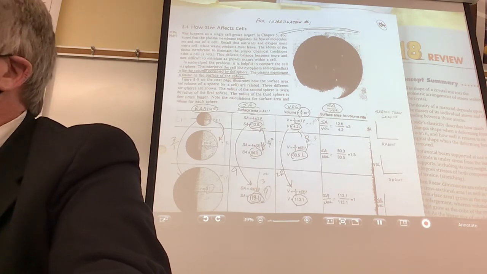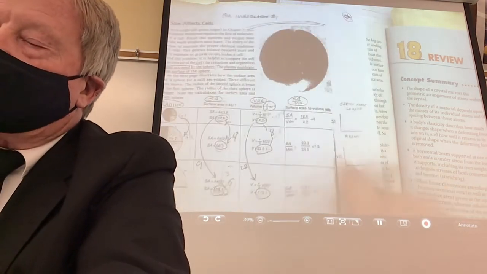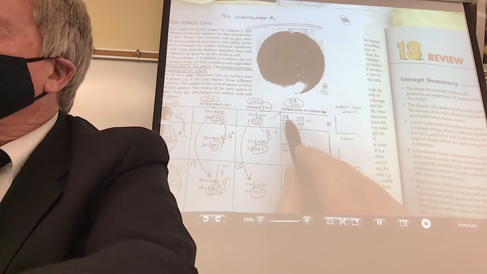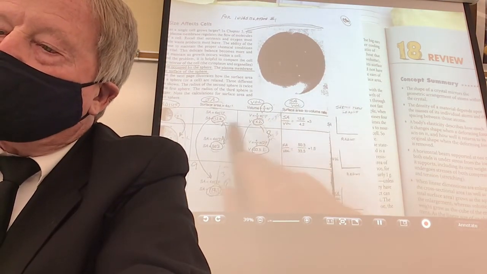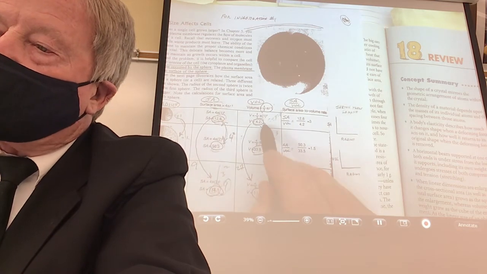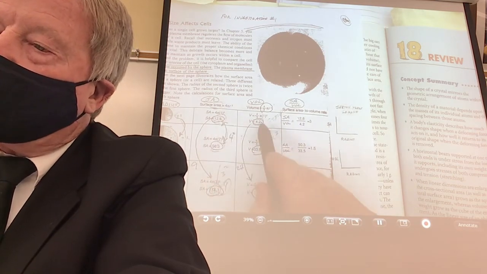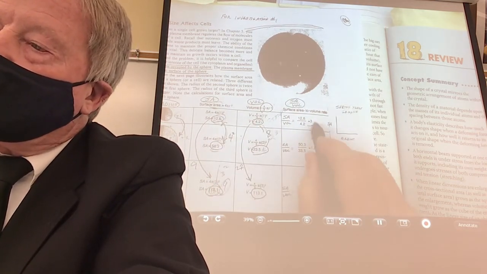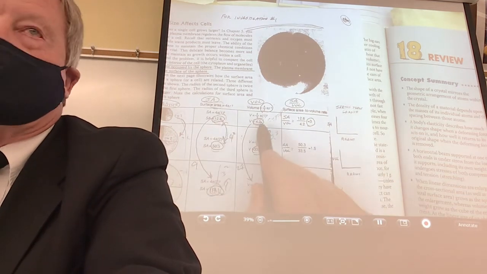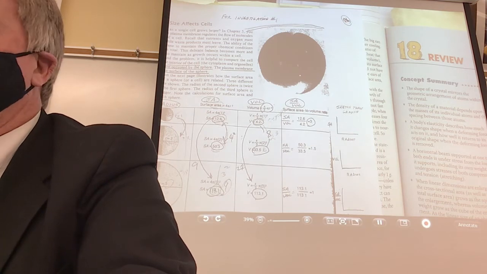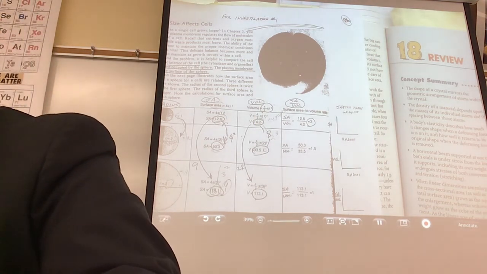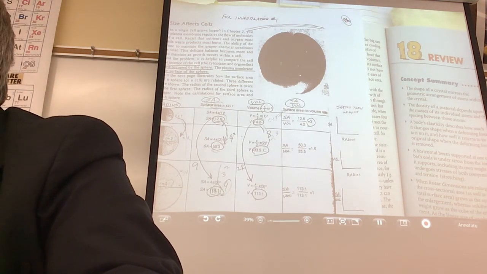Here's why they think. What is the surface area to volume ratio? All right, look now, take your calculators. Here's what they did. Surface area to volume. Surface area and the little cell. Hey, I got plenty of surface area per volume. I have 3 to 1, right? I got plenty of surface area.